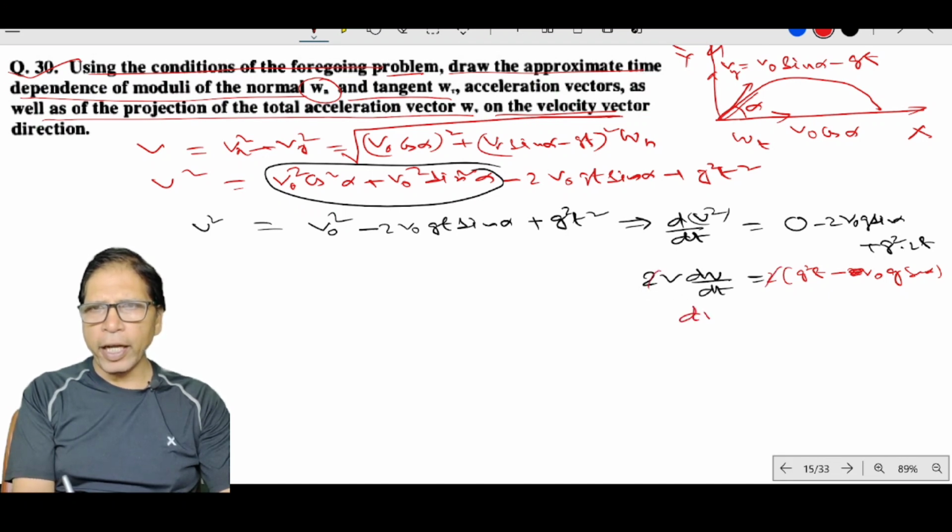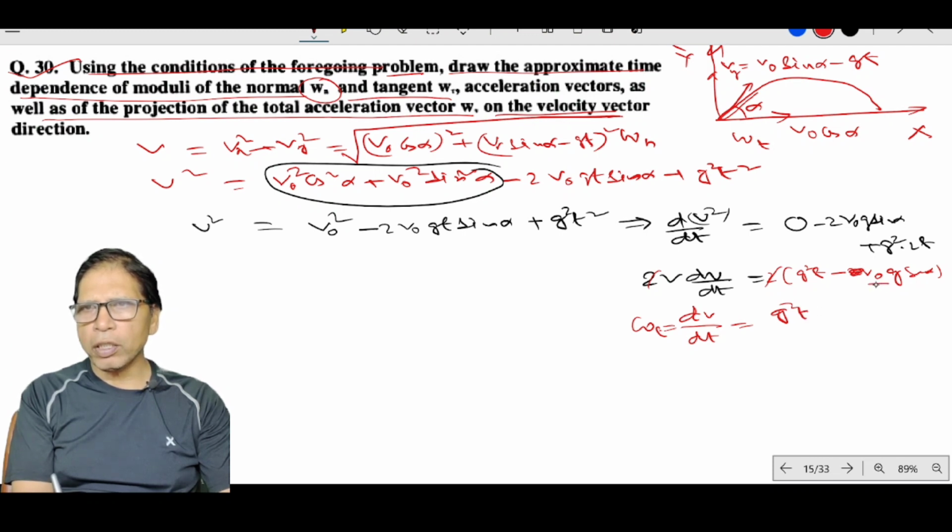So tangential acceleration dv by dt, this is wt, equals g square t minus v naught g sin alpha, divided by v. Now v naught sin alpha can be written as the initial velocity vy, into g divided by v. Okay, understood?